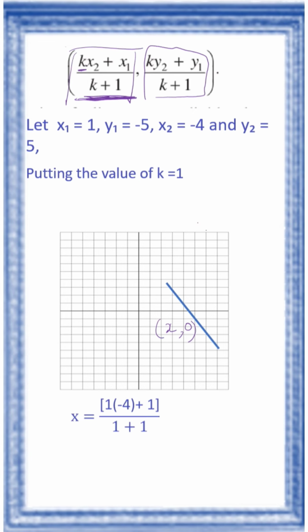So now let us substitute. k is equal to 1, x2 is negative of 4, x1 is 1, k is 1. Now here negative of 4 plus 1 divided by 2, that is equal to negative of 3 by 2. So the x coordinate is negative of 3 by 2.